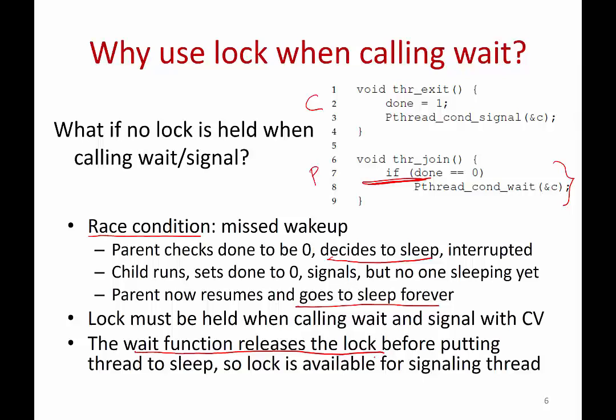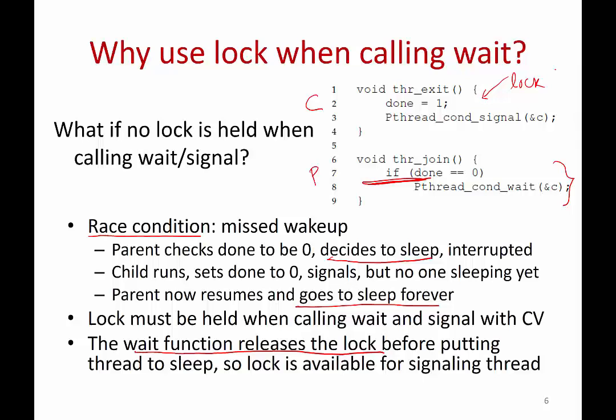Okay, so you should never sleep with a lock, right? You can't just hold a lock and go to sleep. That is bad, because then we require that the child also takes the lock before it calls signal, right? So you hold a lock, you decide to sleep, you put yourself in that queue, and then the pthreads library will release the lock.